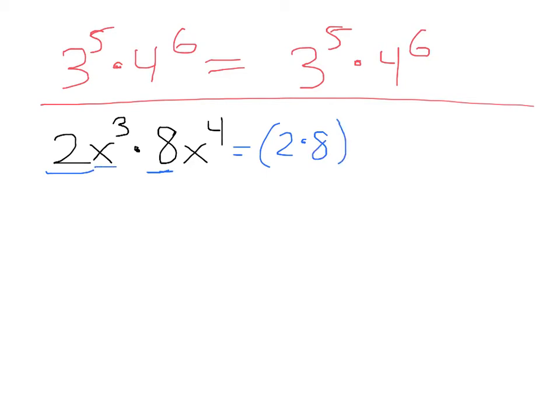Then I can take the x cubed and the x to the fourth, and I can multiply those together. Well, when you multiply 2 and 8 together, you get 16. And if I multiply x cubed times x to the fourth together, yep, I get x to the seventh.